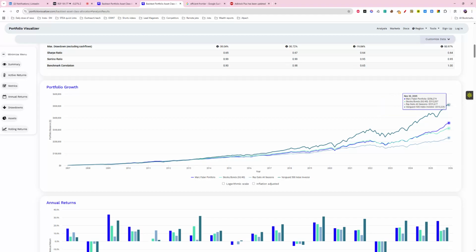My strategy is 350,000, and the bond and stock 60/40 strategy has 312,000, and Ray Dalio All Season 200,000. So the worst performer is Ray Dalio based on the past historical data, and the best performing is the S&P 500 by a huge gap. My strategy did 350,000 and the S&P 500 510,000.